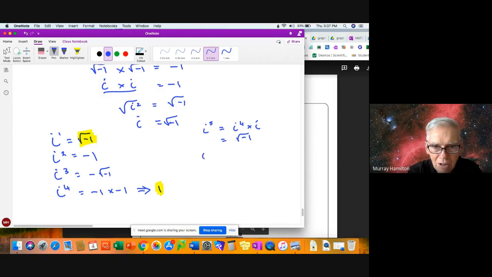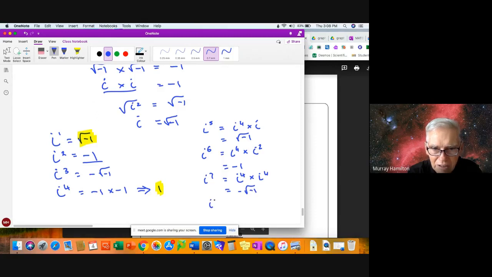When we go i to the power of 6, it's the same as i to the power of 4 times i squared, which will be 1 times negative 1. i to the power of 7 equals i cubed times i to the power of 4, which is going to be 1 times that.